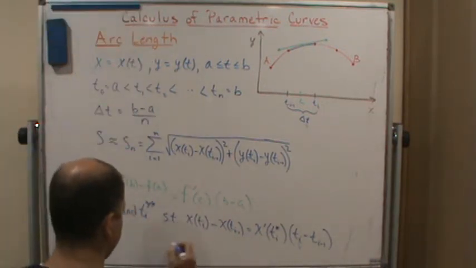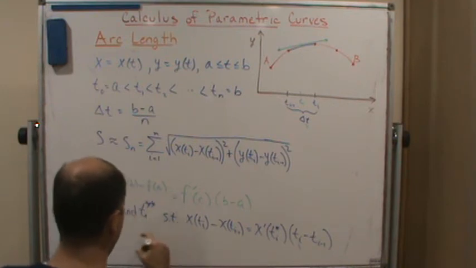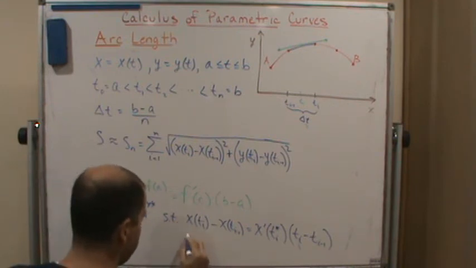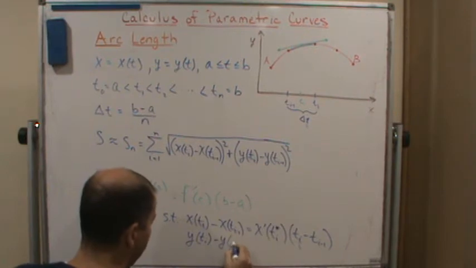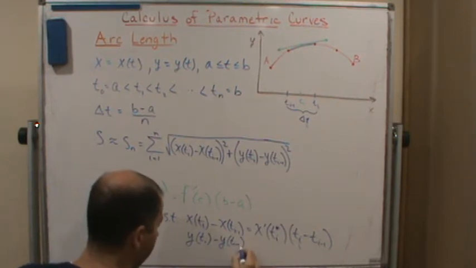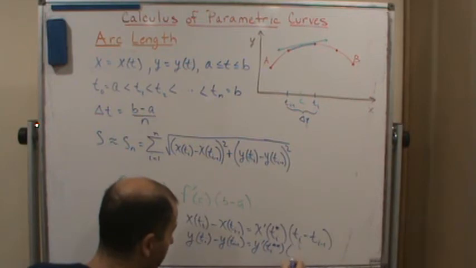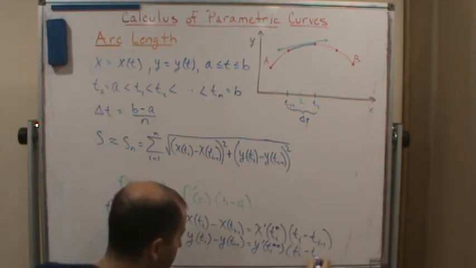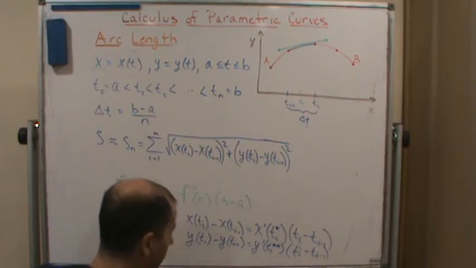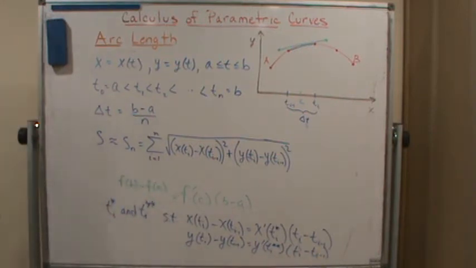So there's also a t sub i double star such that y of t sub i minus y of t sub i minus 1 is equal to y prime of t sub i double star times t sub i minus t sub i minus 1. So far so good, I hope.